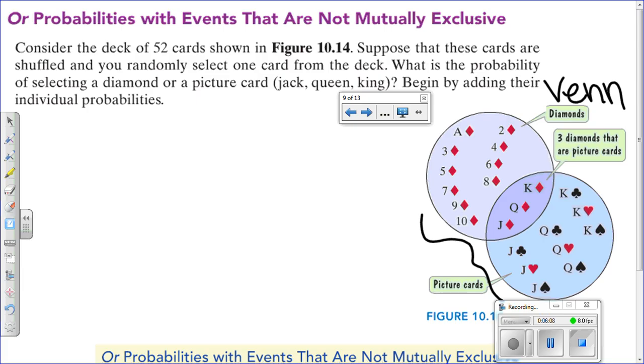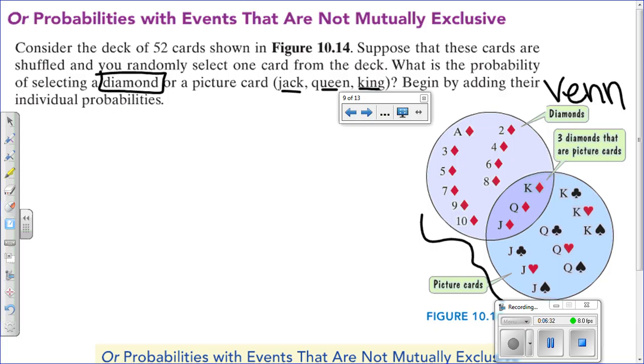What is the probability of selecting a diamond or a picture card? And remember, picture card, face card, that will be the jack, the queen, and the king. Diamond cards will include the numbers, and of course the ace.